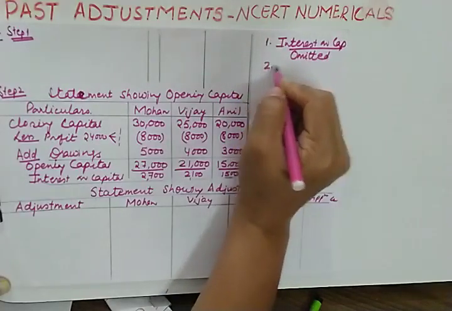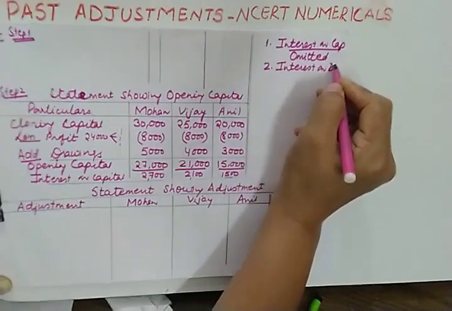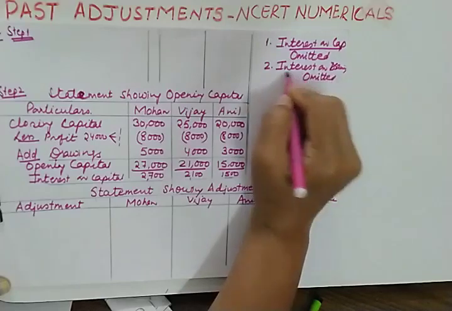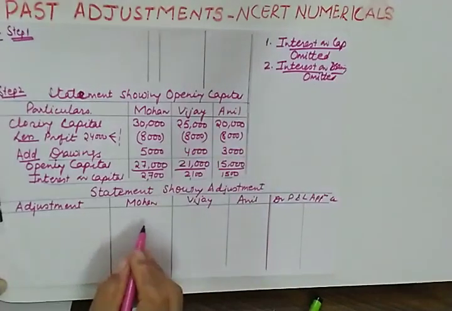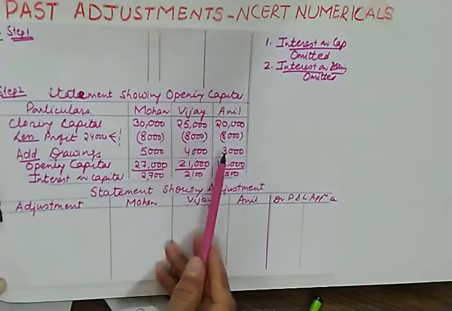And what else is omitted? Interest on drawings. This is also omitted. And again here profit has been distributed in the correct ratio.